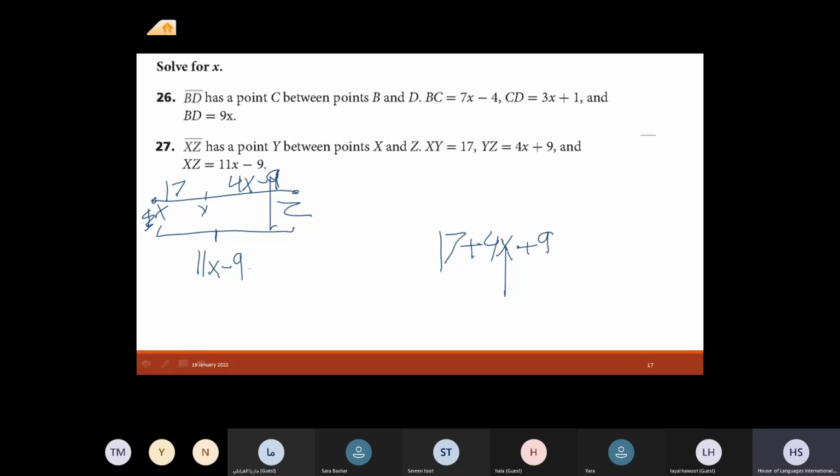Okay, equals what? Good job. Negative 7.